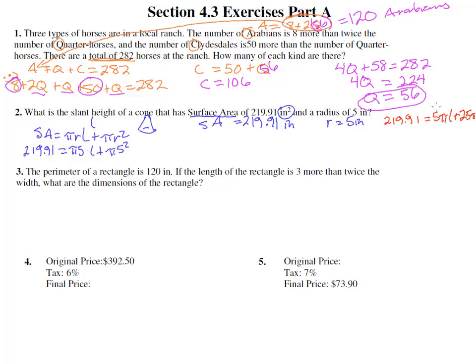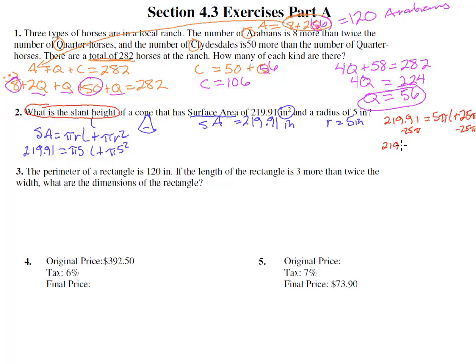Good. And what do we want to get by itself? It says, what is the slant height? We have to pull things away to let L be by itself. So subtract this 25 pi. Now, if you wanted to put that in your calculator and see what decimal it was, that's fine. But we're going to subtract it from both sides. Subtract 25 pi, subtract 25 pi.